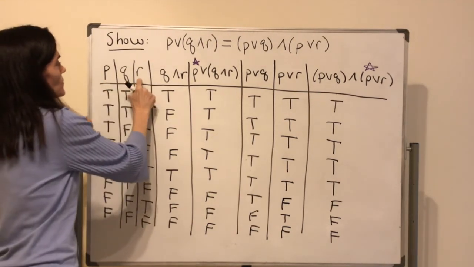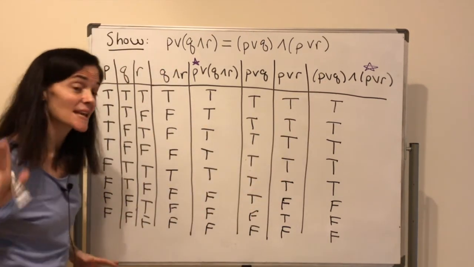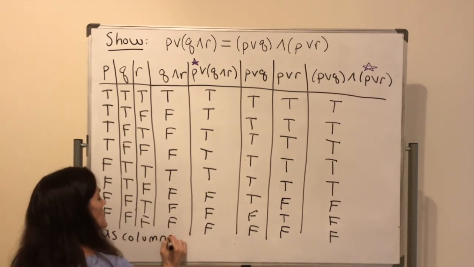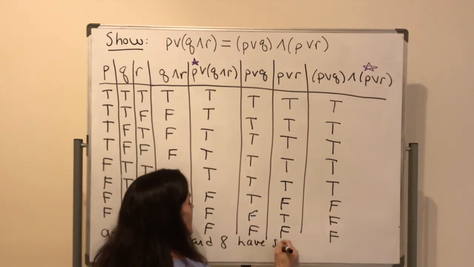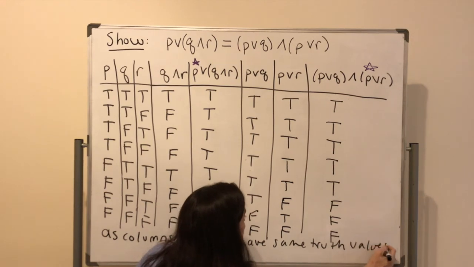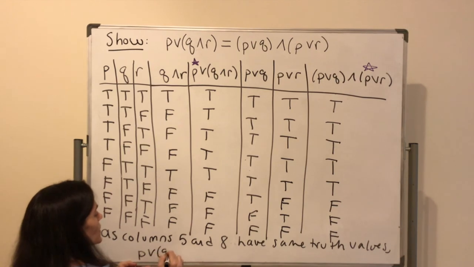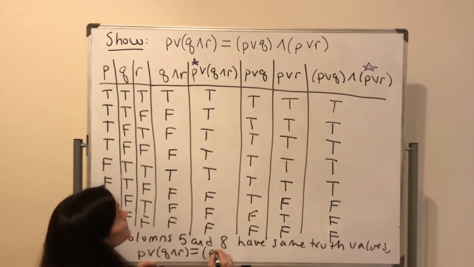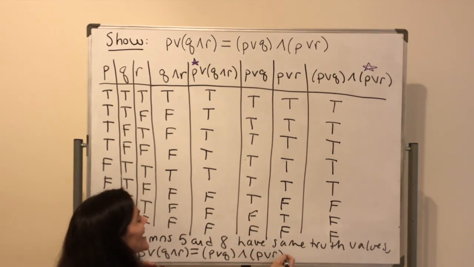This is column 5, column 8. We see the exact same pattern. So as columns 5 and 8 have the same truth values, we get that P or (Q and R) is logically equivalent to (P or Q) and (P or R). And this is the end.